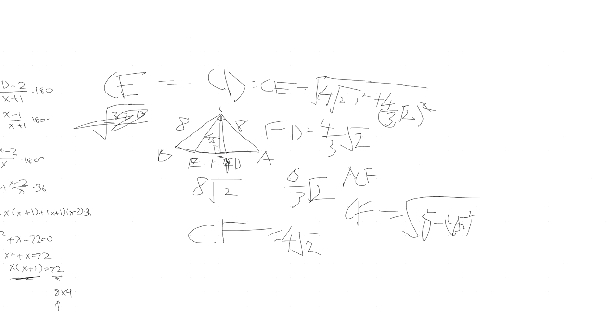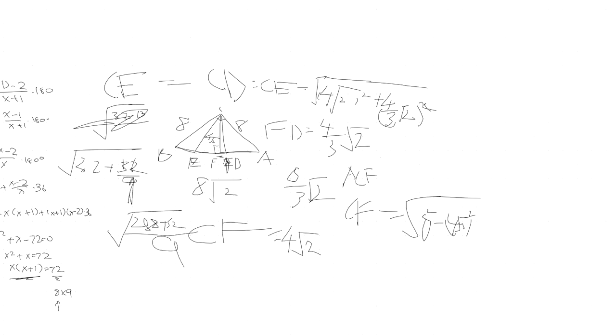So square root of 32 plus 16 over 9 times 2, which is basically 32 over 9, and then you get the square root of 288 plus 32 over 9.